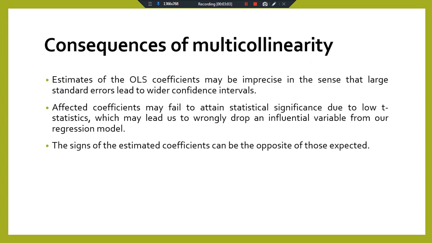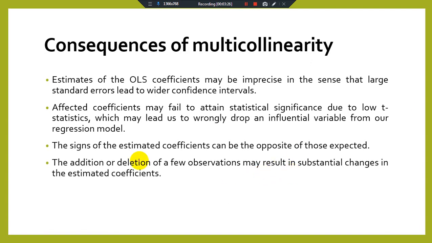If we expect the sign of x1 to be positive, but when we estimate its coefficient the sign is negative, then there may be multicollinearity between x1 and x2 or x3.